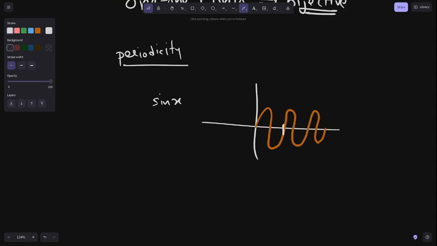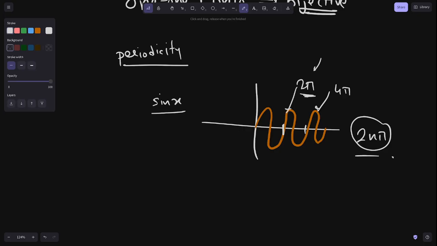You see after this is 2 pi, and this is 4 pi. So at every 2 n pi it repeats. So sin x has a periodicity of 2 pi. After 2 pi it repeats. So periodicity is like f of x plus T is equal to f of x. So this T is called the periodicity.